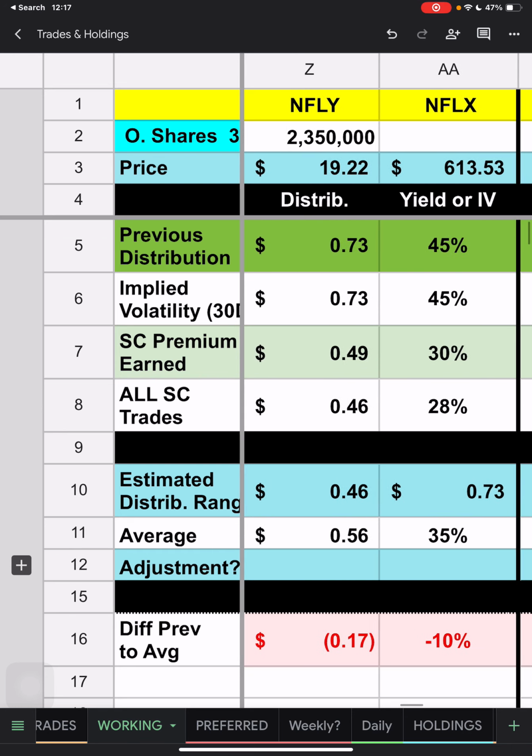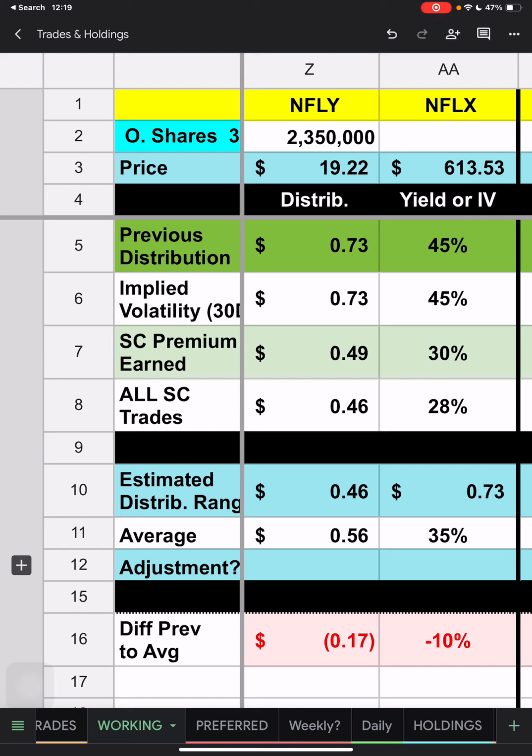We have Nestle here. So Nestle's previous distribution was 73 cents. All right. So 73 cents for the previous distribution. It just so happens to also be 73 cents based on the implied volatility. If we look at the premium earned, we're looking at 49 cents.